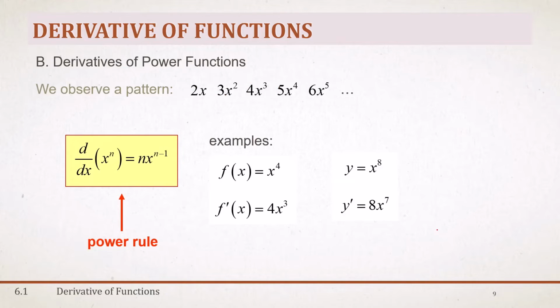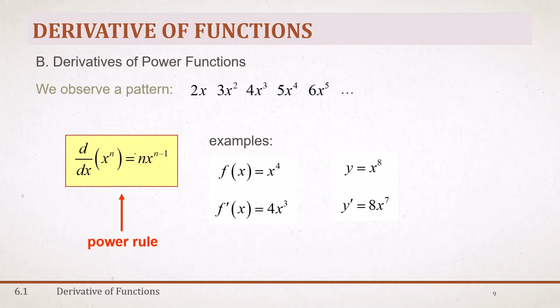Now, the second one is the derivative of a power function. What is called a power function? Any function can be written into a power form. Before we go for the chain rule, the most basic is the polynomial with a power of n.